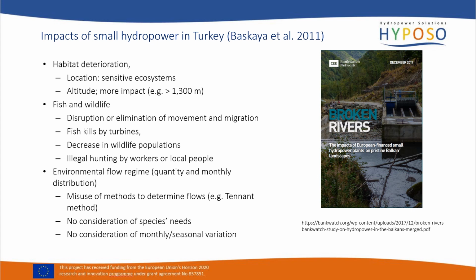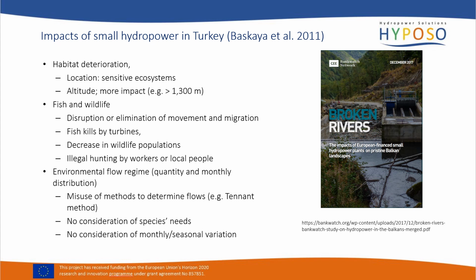For example, this publication summarizes some effects that are happening in sensitive ecosystems in Turkey, and they specified that the higher the altitude, say the more on the mountains that the developments happen, the more impacts they have.